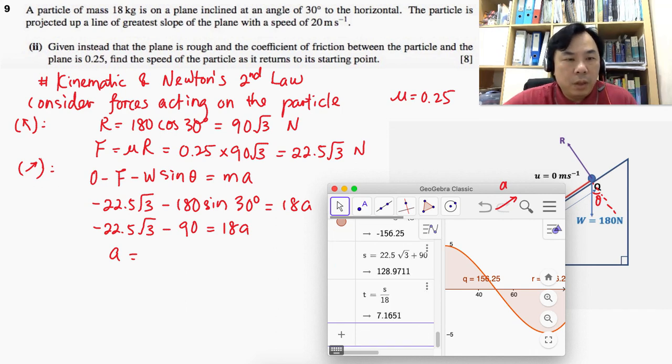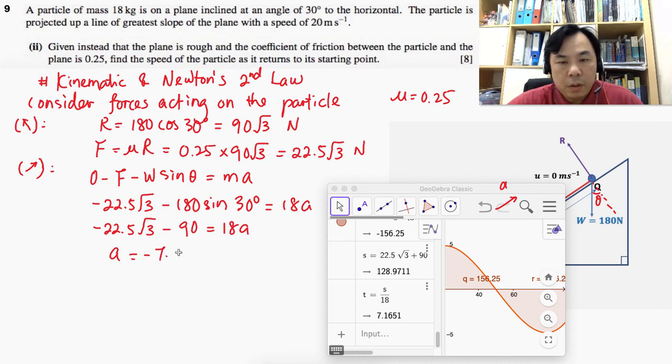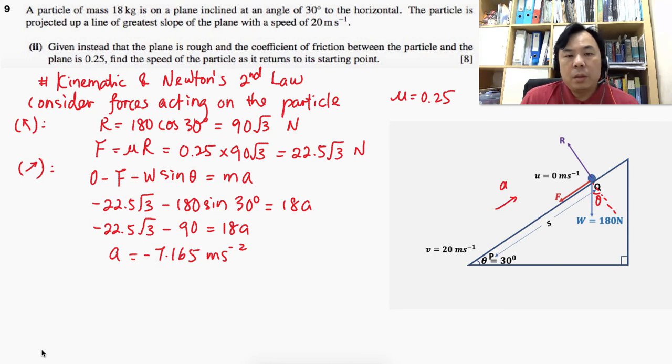Therefore, the deceleration is negative 7.165. Since this is not really my final answer, I'll leave it as it is. So negative 7.165 meters per second squared.